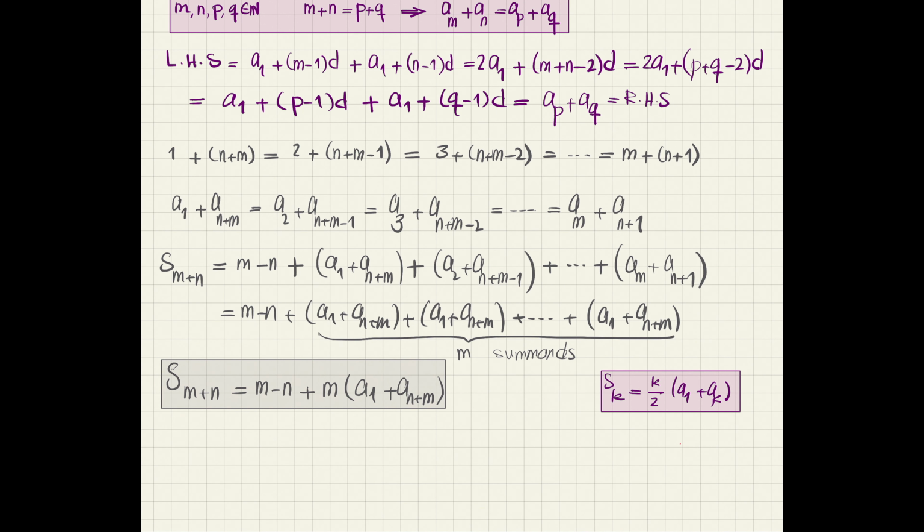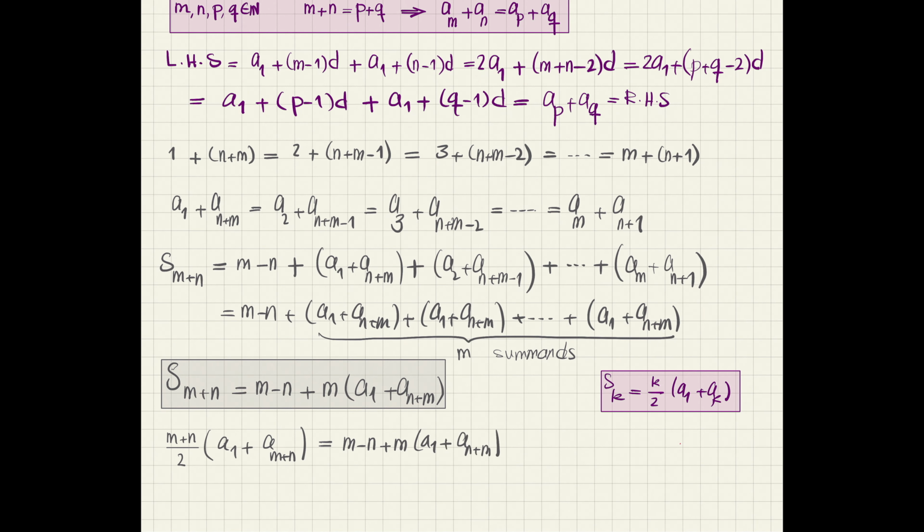I can write m plus n divided by 2. Okay, so I have replaced this k and this k with m plus n. So then it becomes a sub 1 plus a sub m plus n equals m minus n plus m a1 plus a sub n plus m.